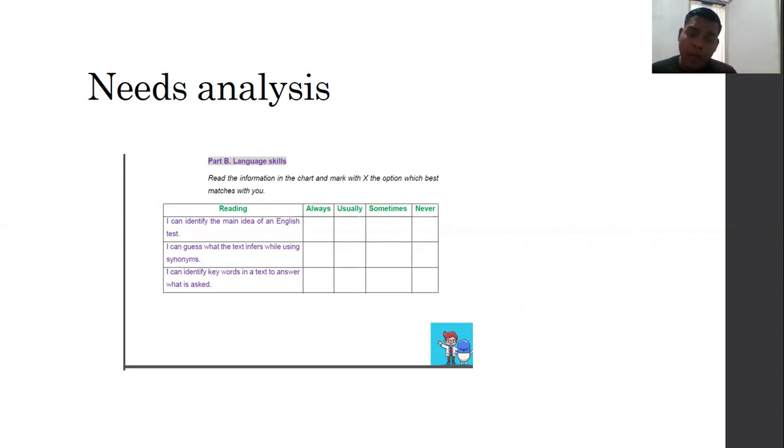They have to mark what they think matches their needs, or how well they work in English.